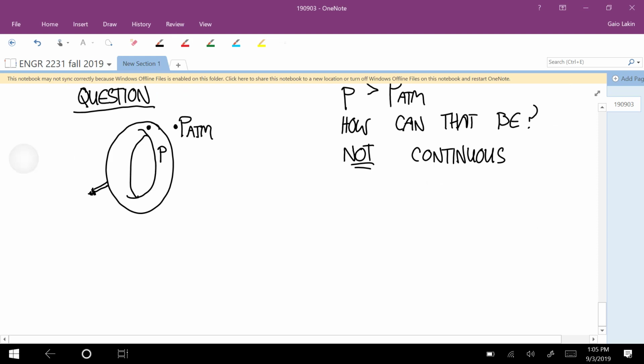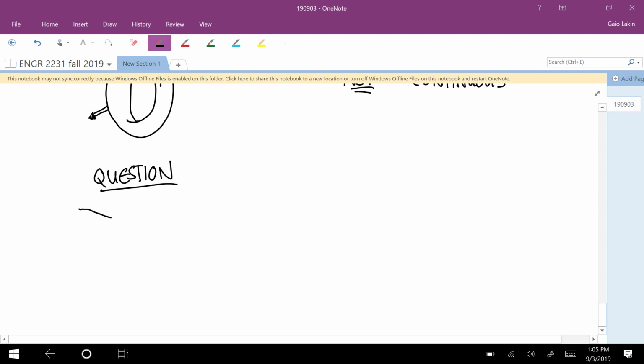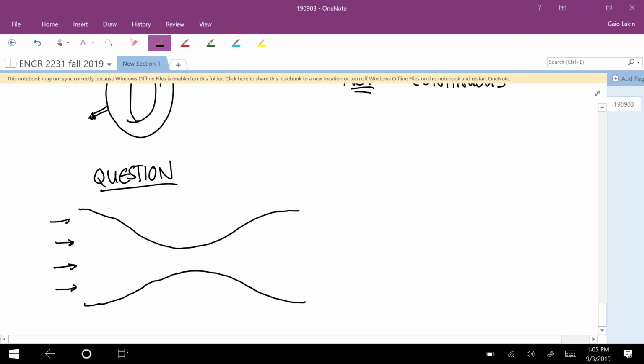And then the equivalent other question, you probably know the answer to this without me even drawing anything. If you have a fluid flowing through a shape like this, so the fluid is moving this way, you can think of this as air.